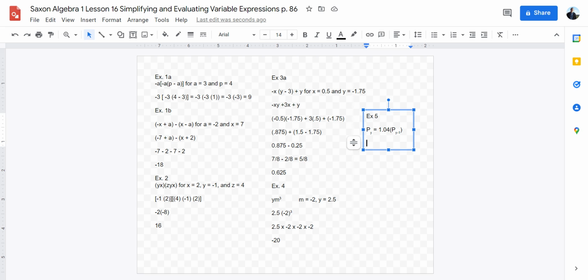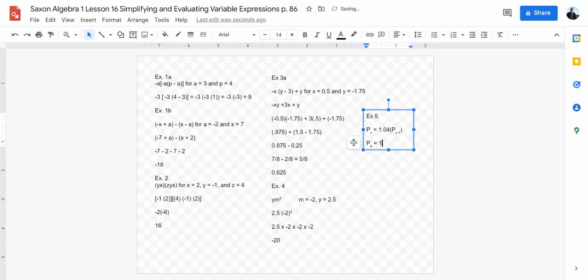So let's plug in my principal balance the 6th year. P sub 6, that's the specific year. Notice I'm going to use that as a subscript. It's not doing any math to P. It's just saying which P I'm dealing with. I'm dealing with P in year 6.